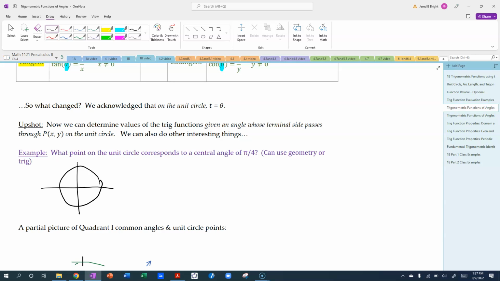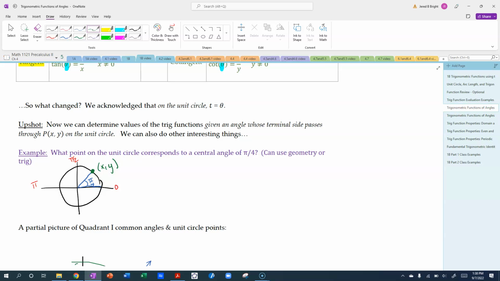If we remember, this is 0, this is pi over 2, so pi over 4 is going to be right about here. I'm looking for this x and y coordinate. So now how in the world do I do this?